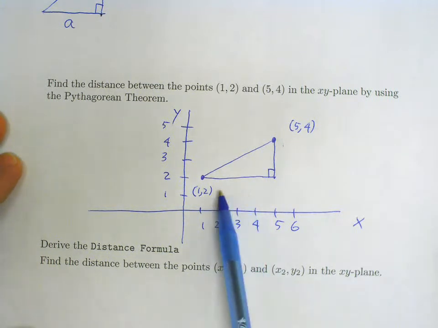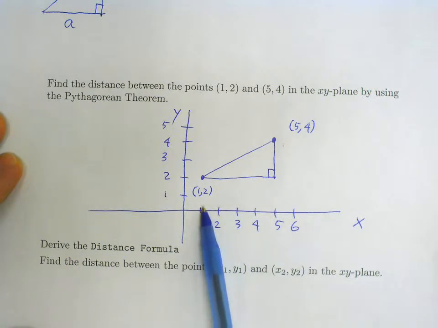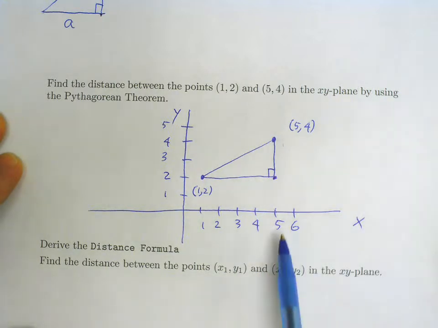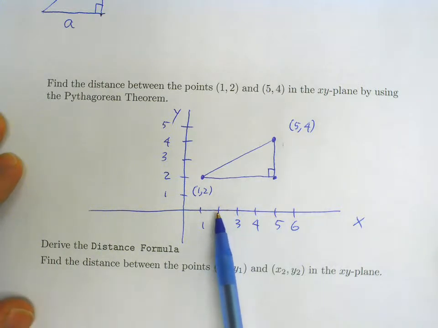Okay, we can tell by looking what the length of this horizontal side is. The x-coordinate of this point is 1, and the x-coordinate of this point is 5, and 5 minus 1 is 4. Or you could just count the units, 1, 2, 3, 4.